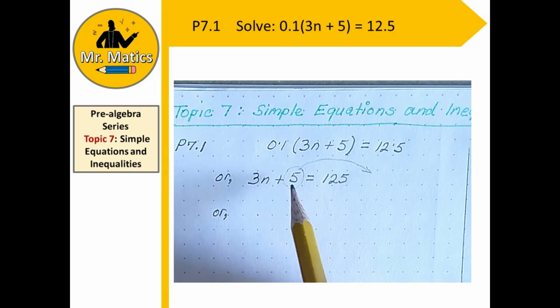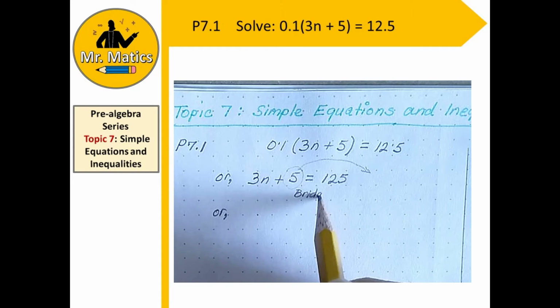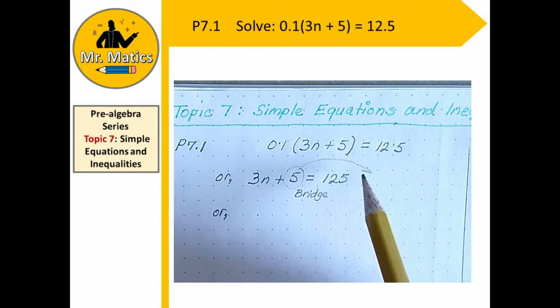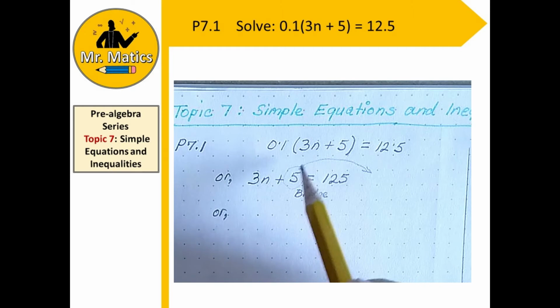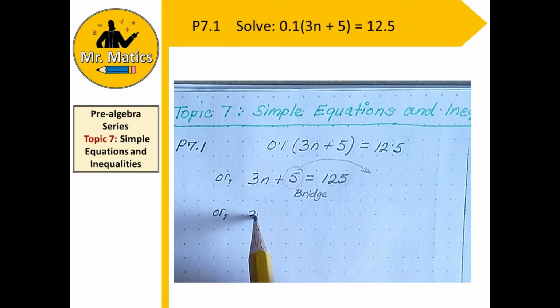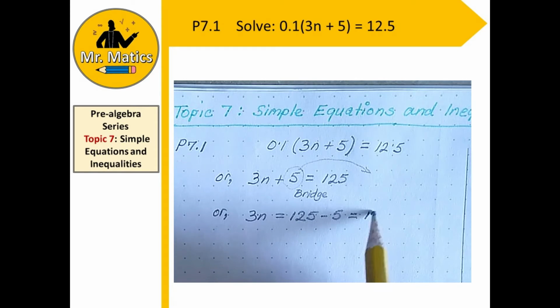The way I describe it, the equal sign is like a bridge, and any number which crosses the bridge changes its sign. So if it's a plus 5, on the other side of the bridge it will be a minus 5. So 3n equals 125 minus 5, which we know is 120.